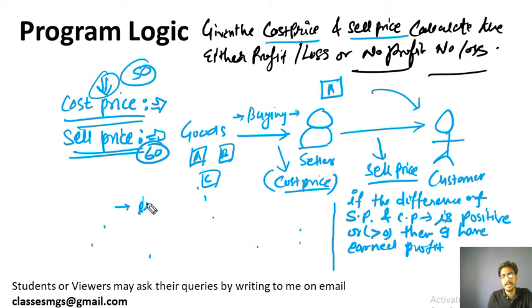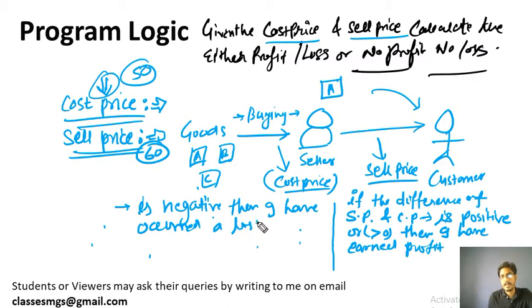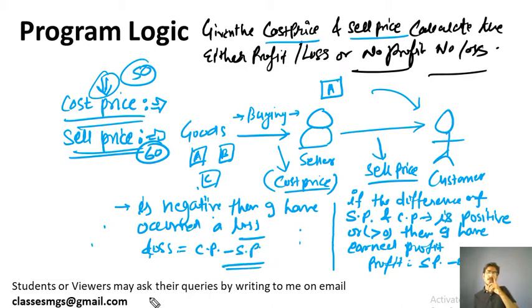If the difference is negative, then I have incurred a loss. Profit is calculated as selling price minus cost price, and similarly loss is calculated as cost price minus selling price. This is how we calculate profit and loss.